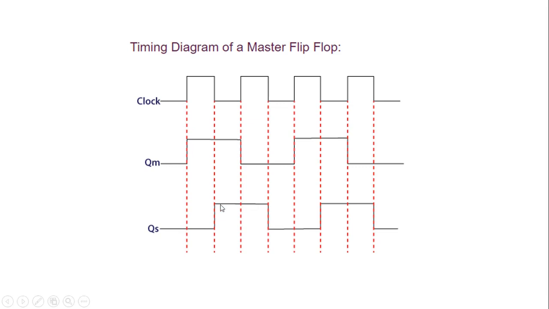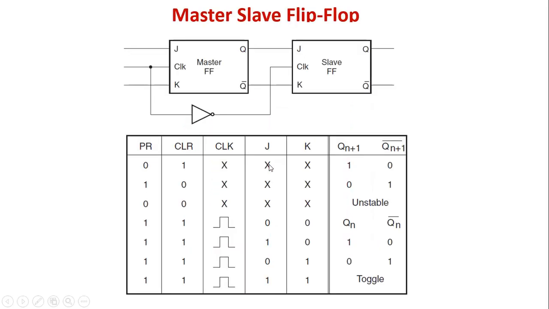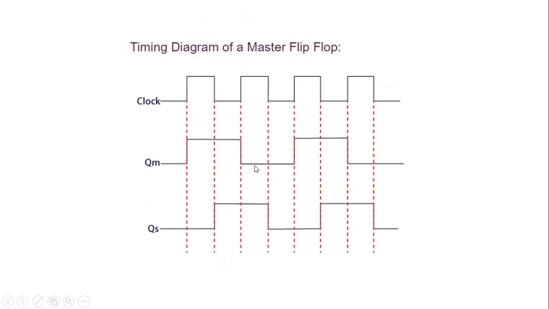So QS is set. At this point the master will be disabled, so it will maintain its previous value, while the master will work according to the JK inputs. If the input is reset, suppose J is 0, K is 1, then it is reset.